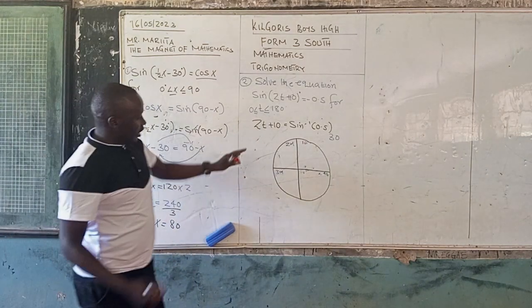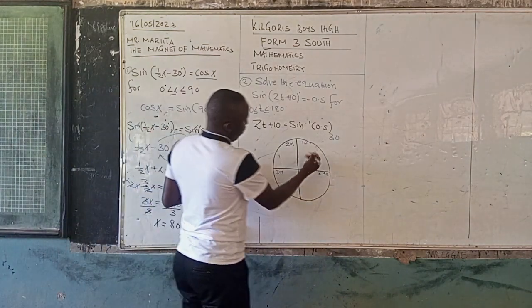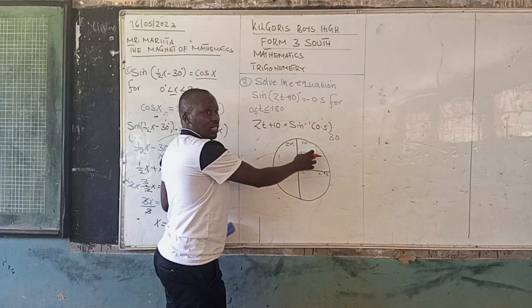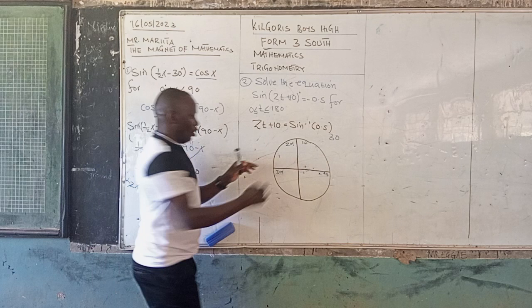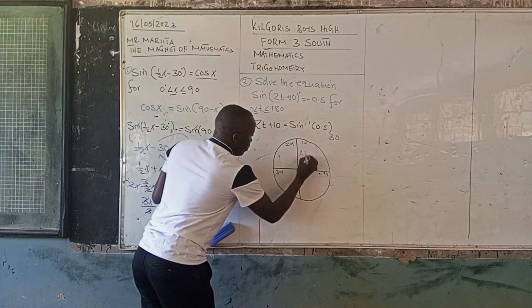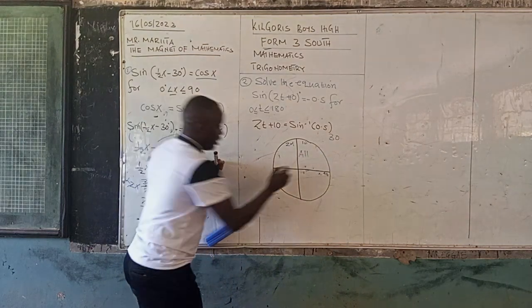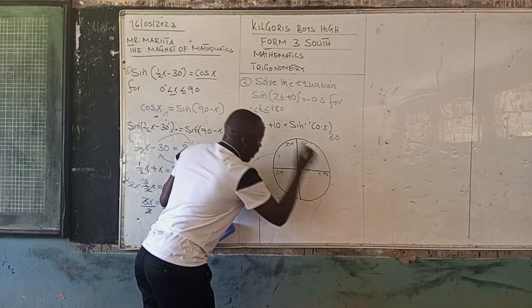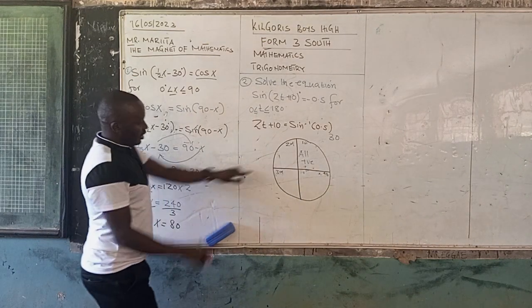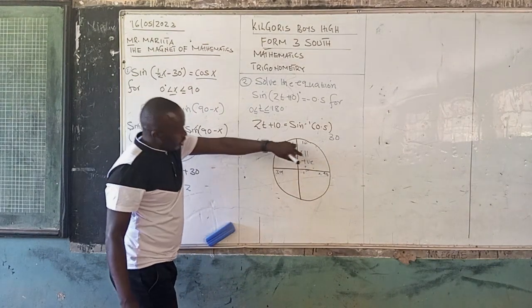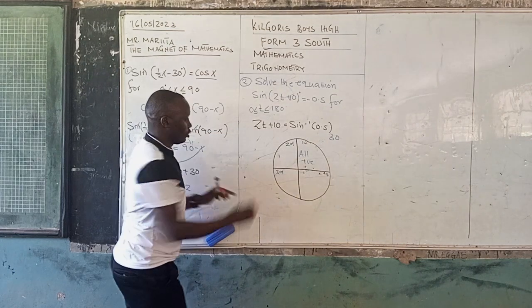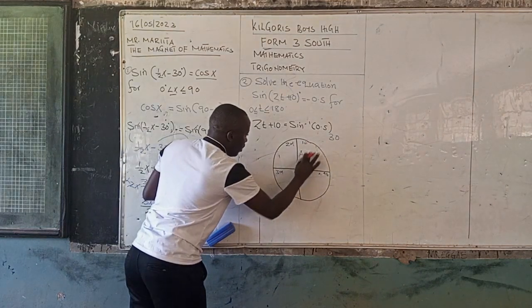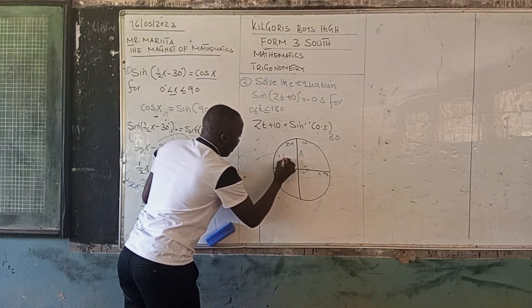And yesterday we said when we have the tangent, the cosine, and the sine in the first quadrant, all of them are what? All of them are positive. So here we can have positive. In the second quadrant, all students take cocoa.